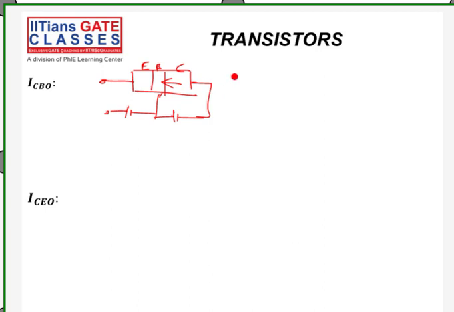So that is IC, the collector to base current when the emitter terminal is open. This is emitter terminal open circuited. So this is equal to IC current when IE is 0.